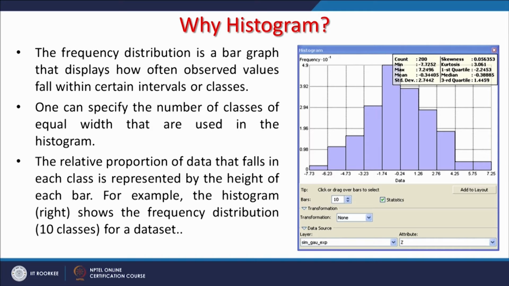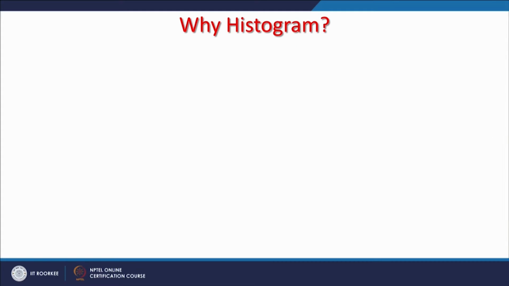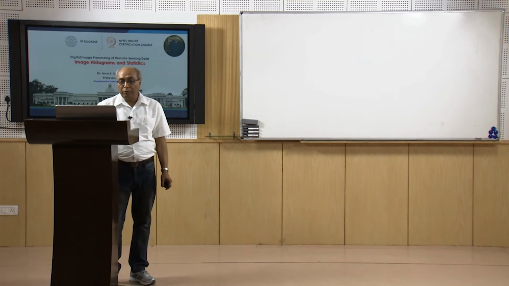So that can also be decided, and the relative proportion of data that falls in each class is represented by the height, and that is the frequency. This gives us some information in a graphical form which is easy to understand, about how the pixel values are spread within an image or a band.